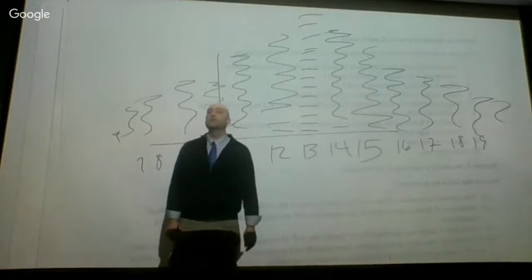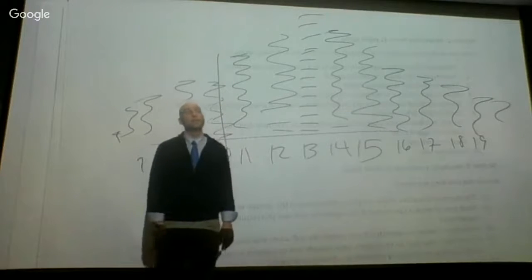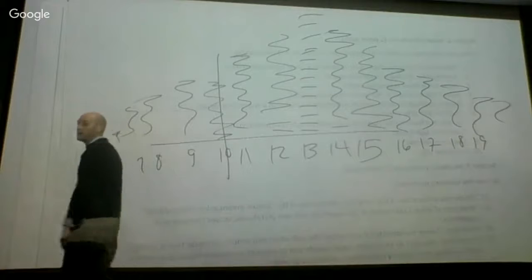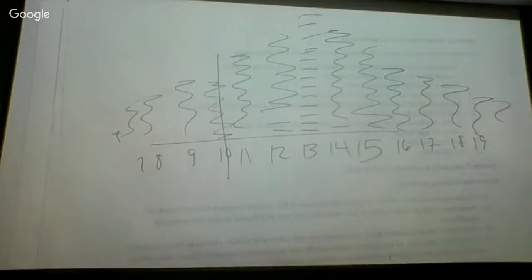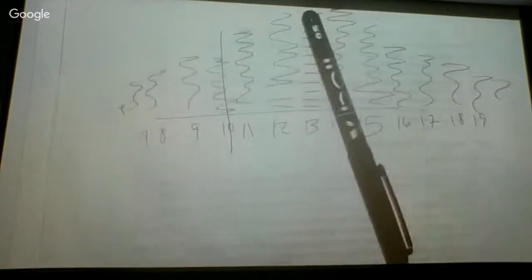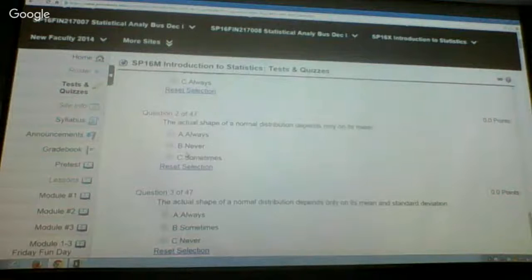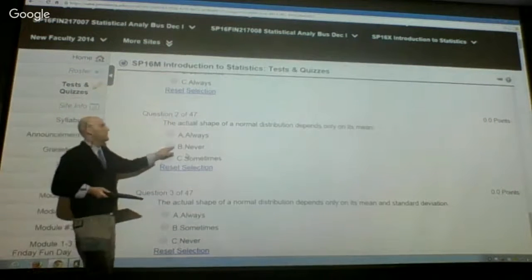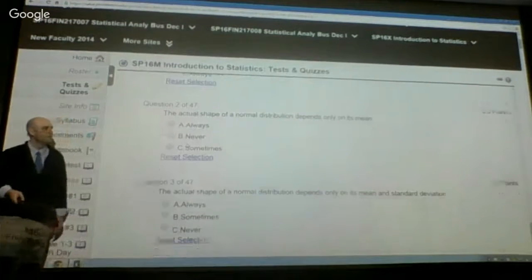When it comes to a normal distribution, the only thing that affects its shape is the standard deviation. So you can put never there, but it's not worth any points.